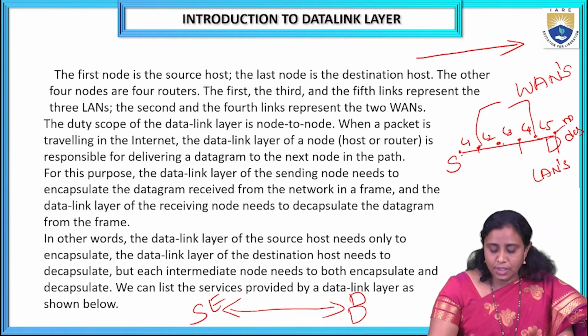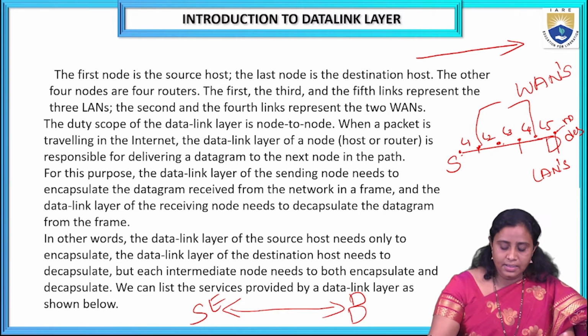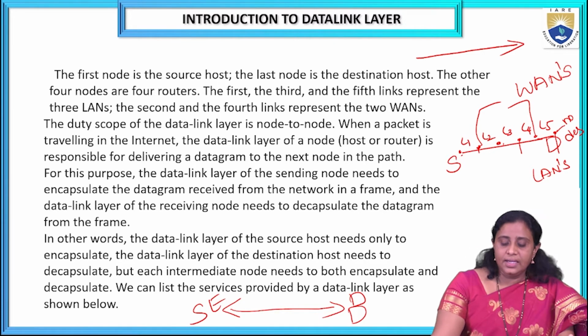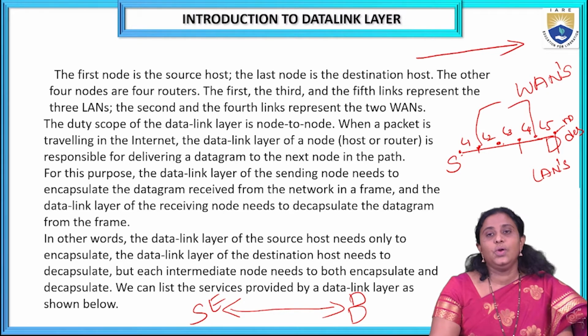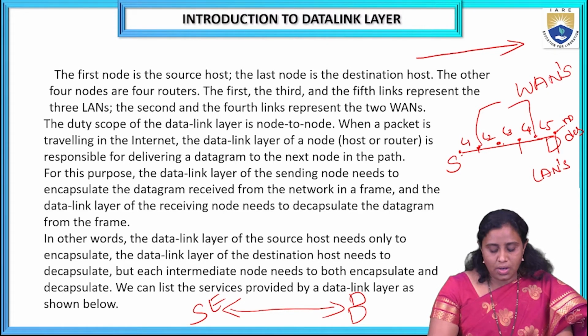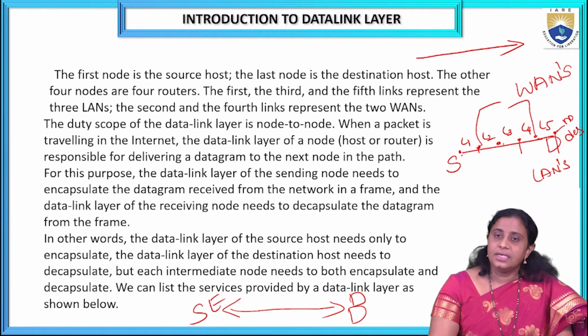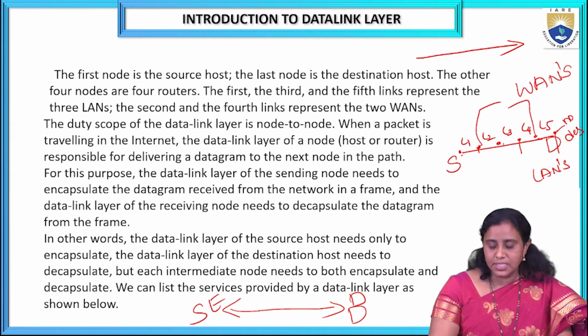The services provided by the data link layer include encapsulation and decapsulation. The source will send the message in encapsulated mode, and whenever it reaches the destination, it will be transformed into decapsulated mode.